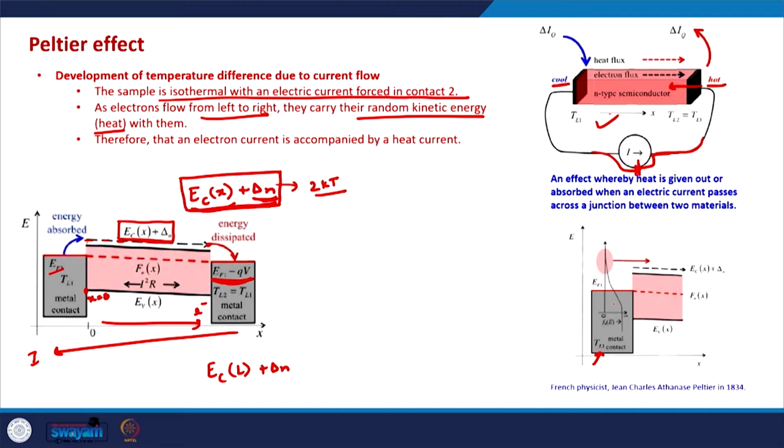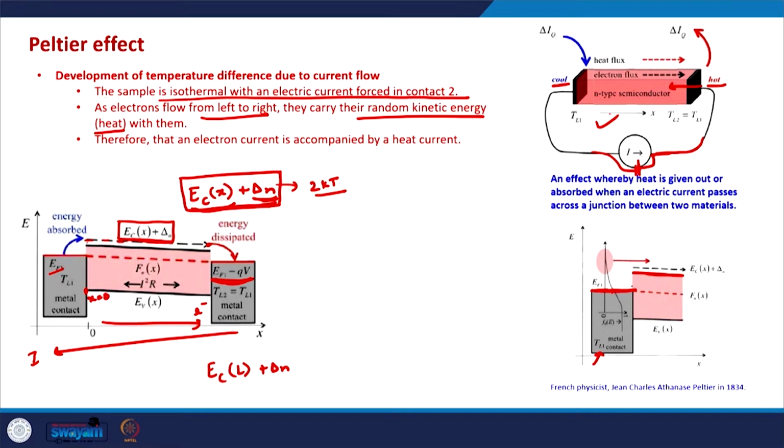So, as is clear, the Fermi function is a distribution function across the Fermi level, and the bottom of the conduction band of the semiconductor is above the Fermi level of the contact.